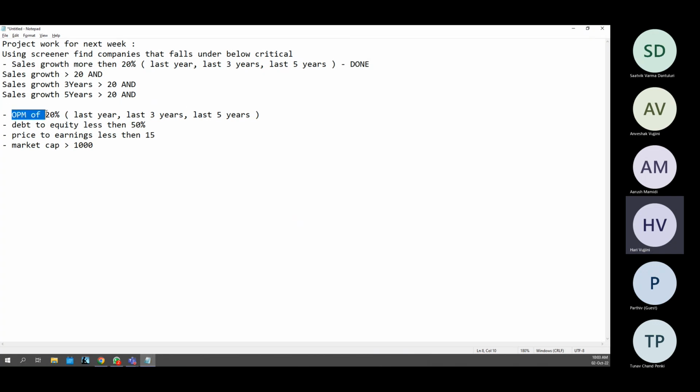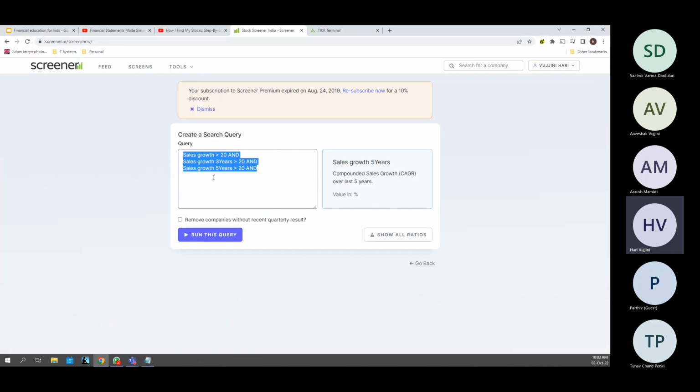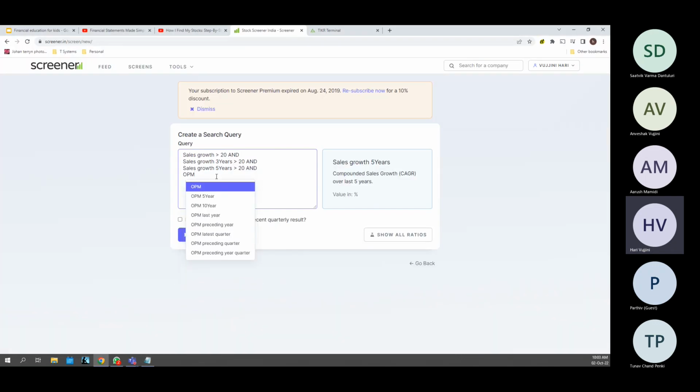Then operating profit margin 20%. We want businesses not just growing their sales; along with the sales growth, we want businesses to make profit. So we want operating profits of more than 20%, again for the last year, last 3 years, and last 5 years. So let's go there: OPM, operating profit margin, again in percentage. I'm saying more than 20%.